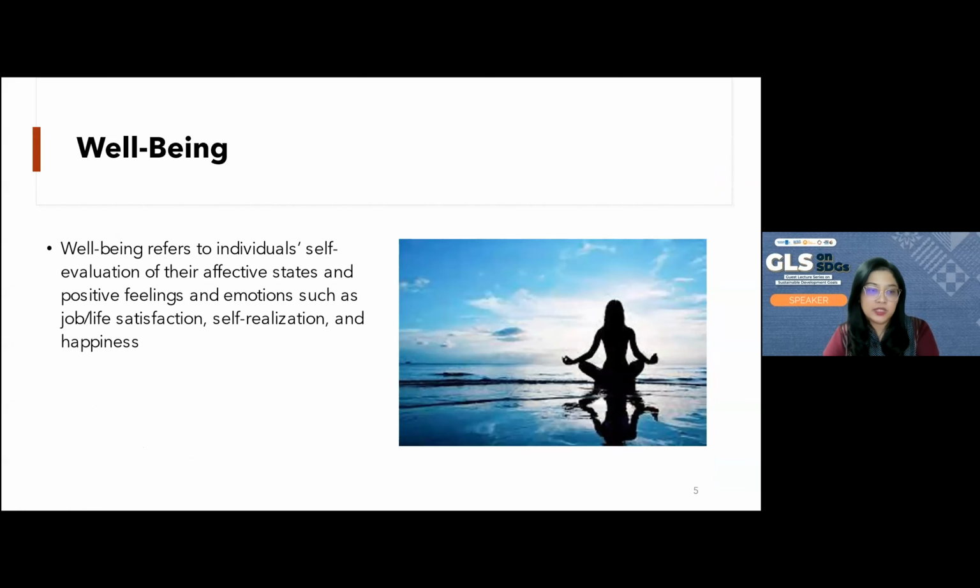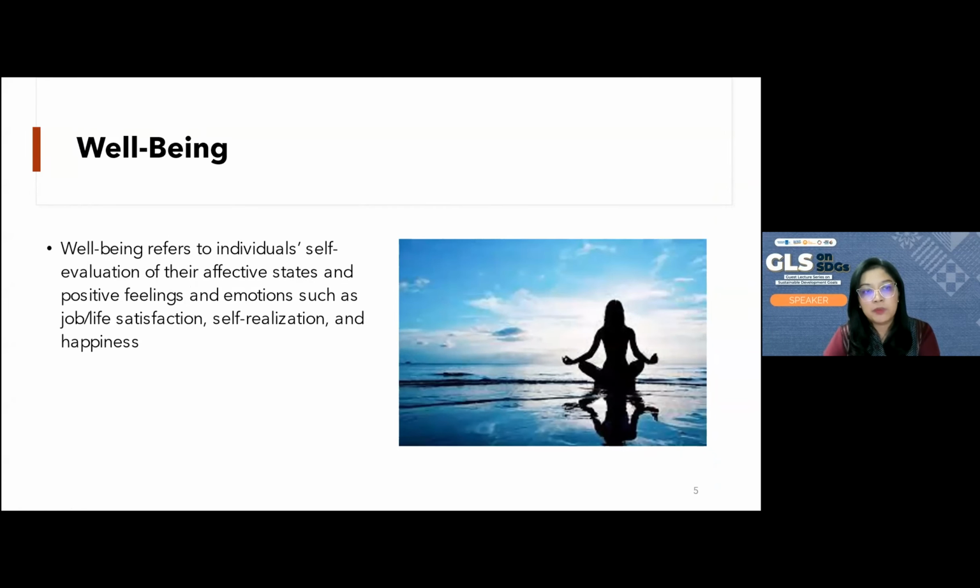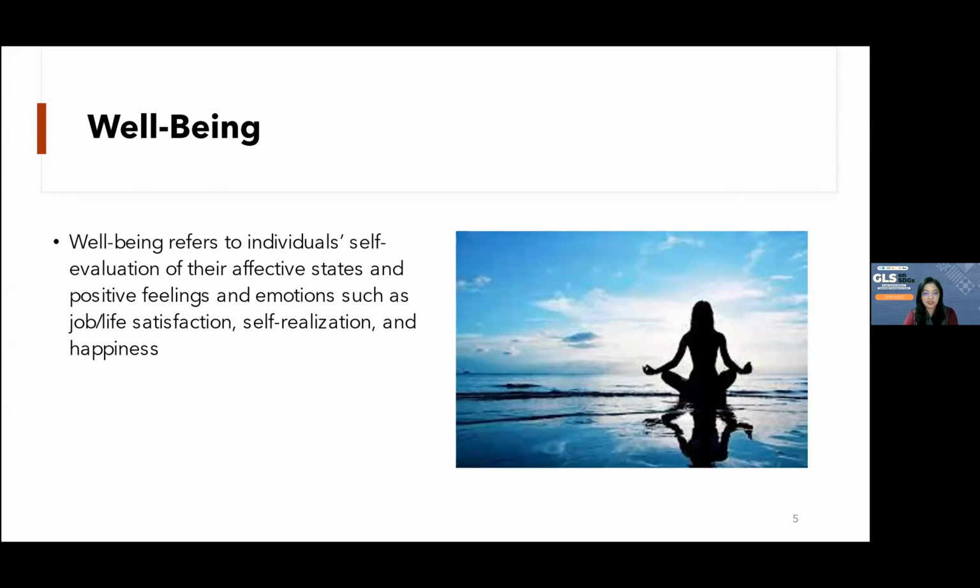And when we see what health and mental health are, maybe we are also interested in knowing what well-being is. Well-being refers to individuals' self-evaluation of their affective states and positive feelings and emotions, such as job or life satisfaction, self-realization, and happiness. So well-being is a subjective one.